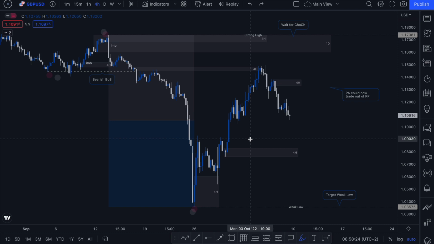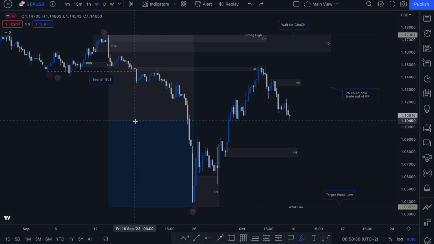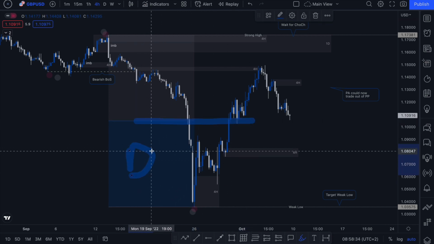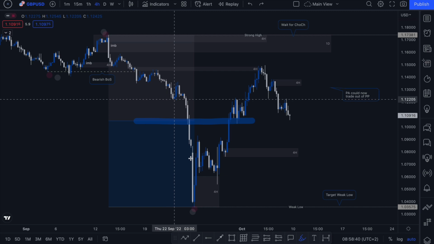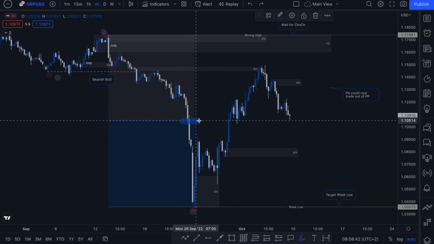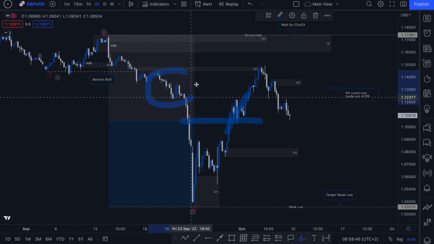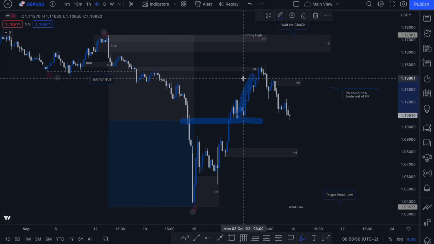Now, the way I treat counter trend setups is I only look to trade a counter trend setup if it forms within discounted pricing, okay? That's the only time I will look to trade a counter trend setup. As soon as price action crosses my equilibrium and starts trading into premium pricing, I will no longer be looking for counter trend buys.